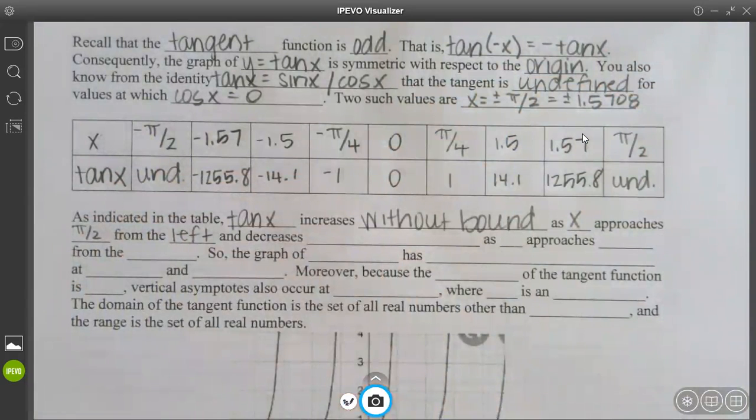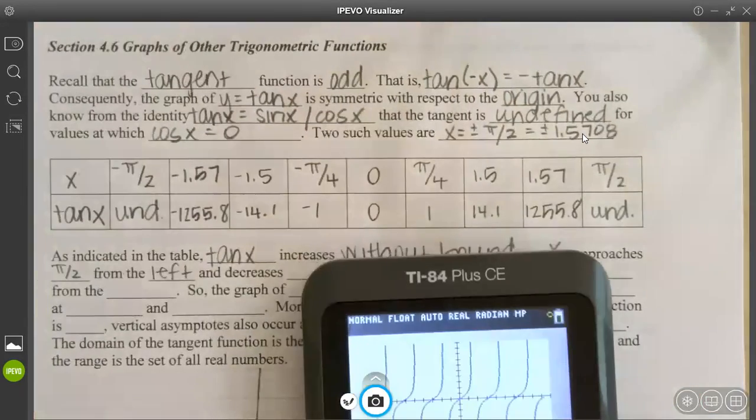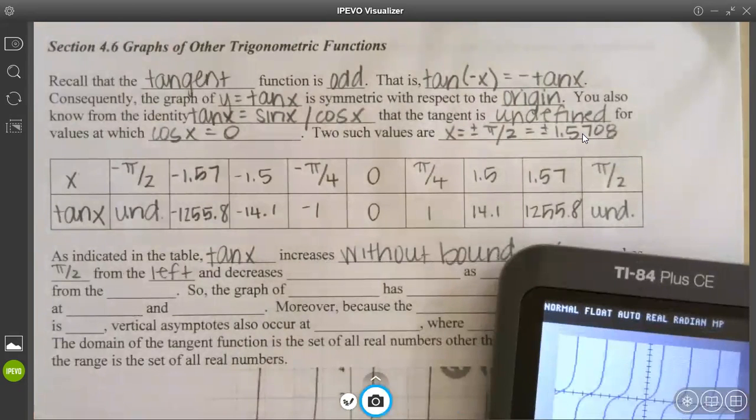So I'm going to show you this really quick. You'll see that this one is also the tangent graph, but I want to show you with the words up here at the same time.